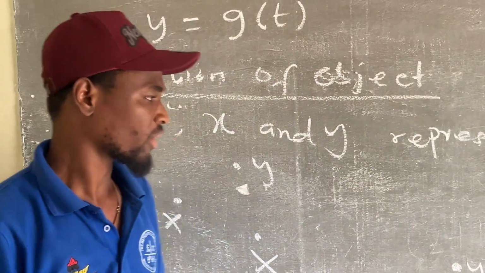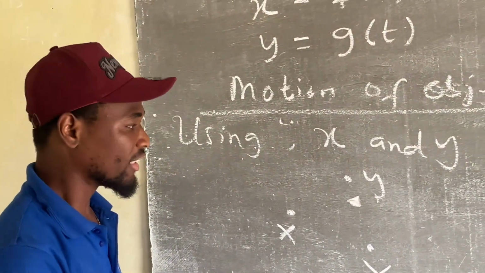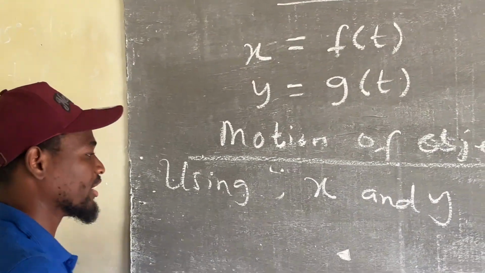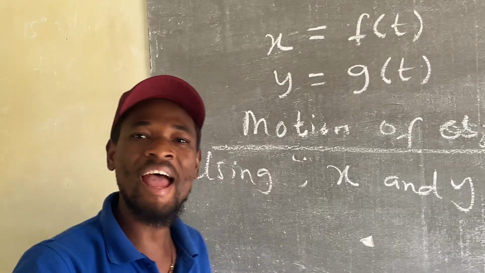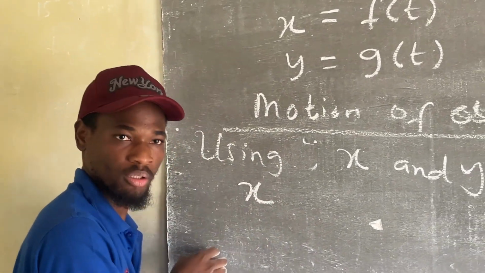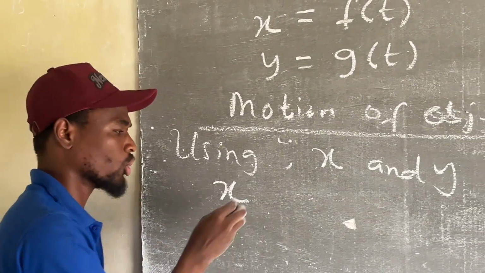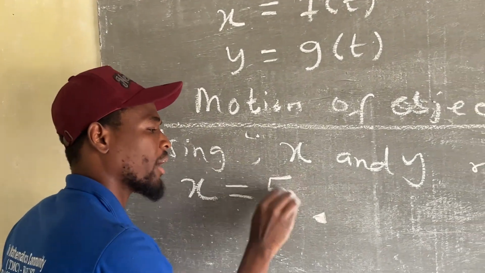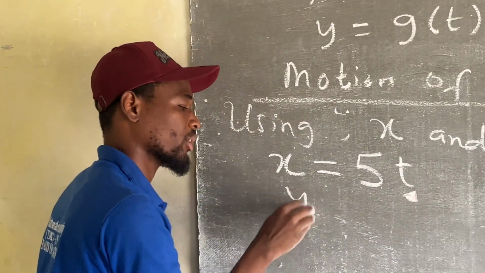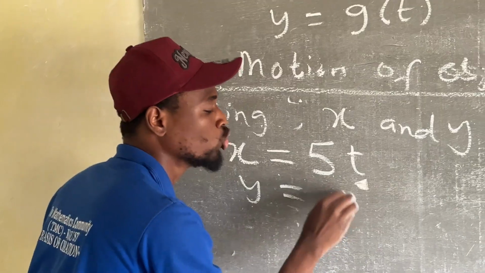As simple as that. So viewers, now let us assume that the position of a vehicle is x and y. So this denotes the position. So let's say x is 5t. And let's say y is 2t.